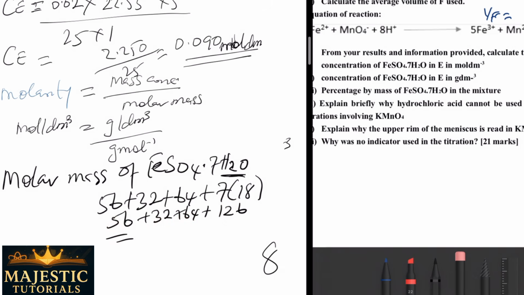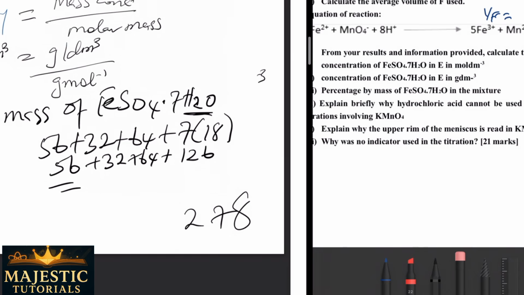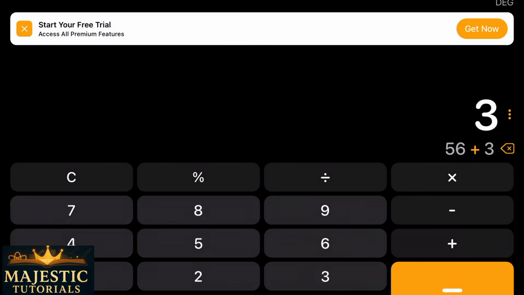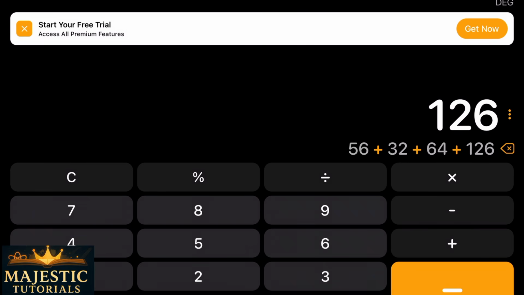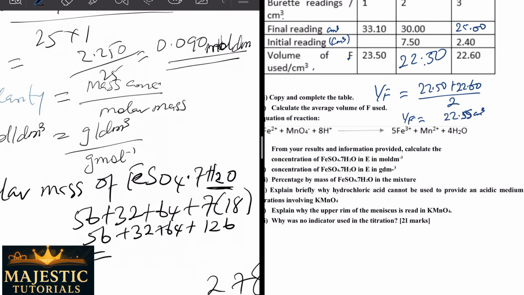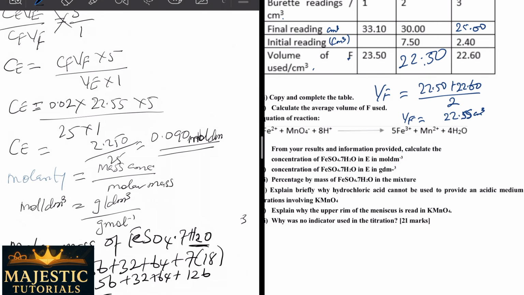You write 7 and carry the 1 to make it 2. So it becomes 278 as the molar mass. But for the benefit of doubt, since there is a calculator here, I use it: 56 plus 32 plus 64 plus 126 is 278 gram per mole. So it becomes easier for us to convert.